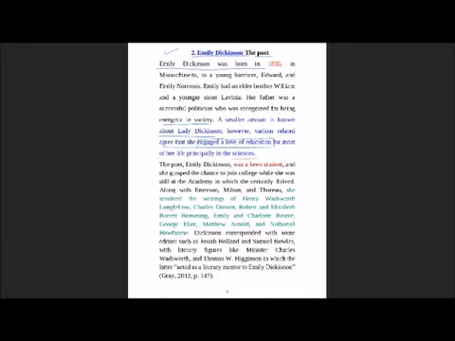The poet Emily Dickinson was a teen student, again, because she loves studying, she loves learning. She's a keen student, and she grasped the chance to join college while she was still at the academy, in which she certainly thrived or succeeded.